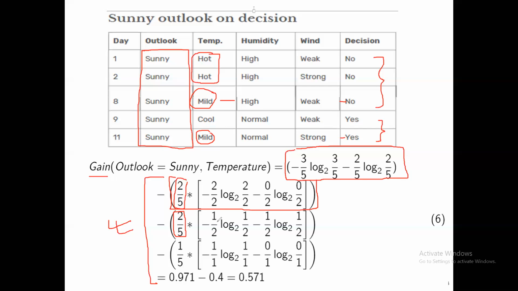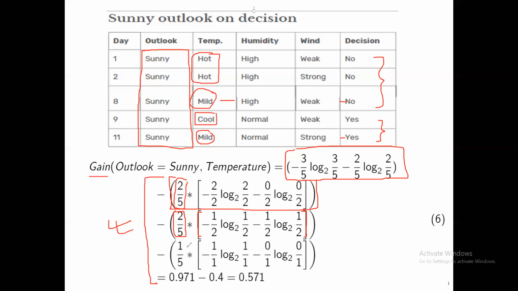So the pi's will be 1 out of 2 because there are 2 mild values, right? Using the entropy formula, we find the entropy for temperature being mild given that outlook is equal to sunny.